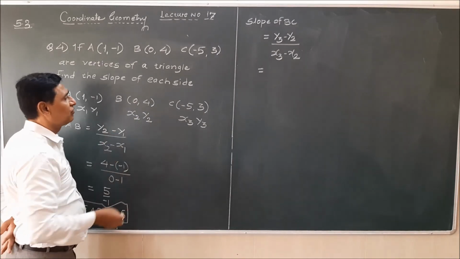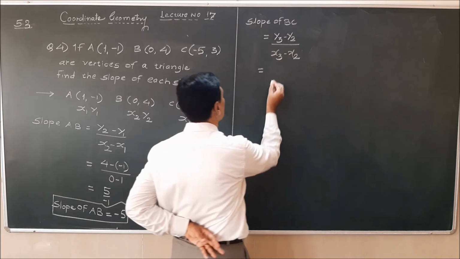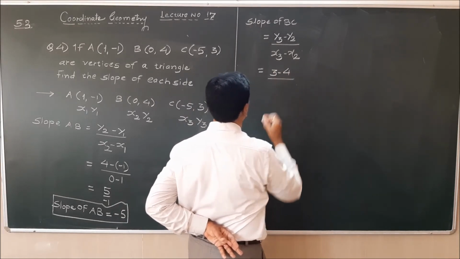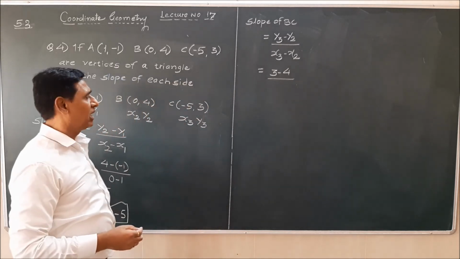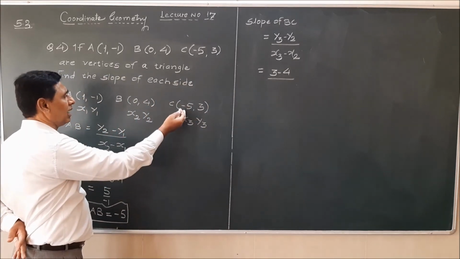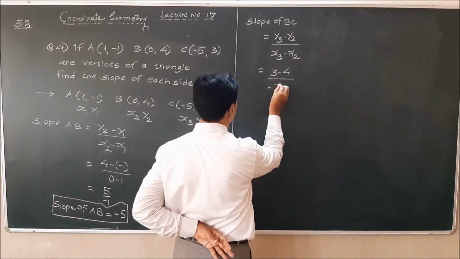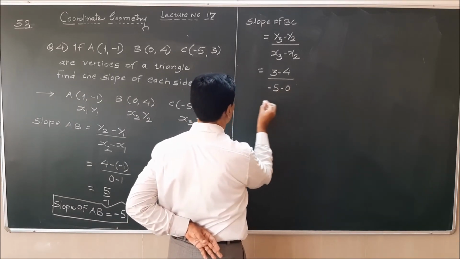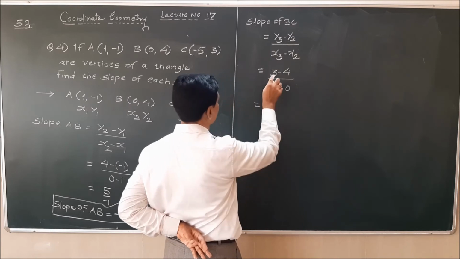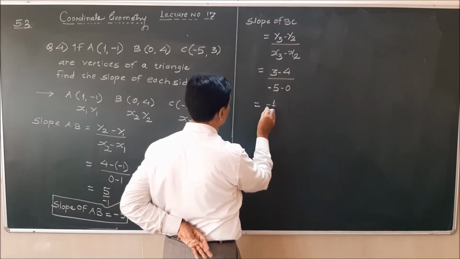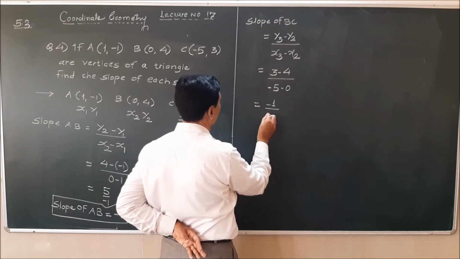Now 3 minus 4 upon x3 minus x2, minus 5 minus 0. So that will give us 3 minus 4 is minus 1, and minus 5.